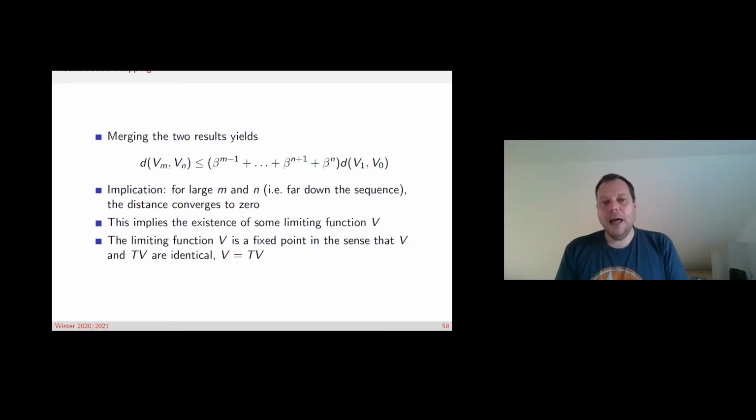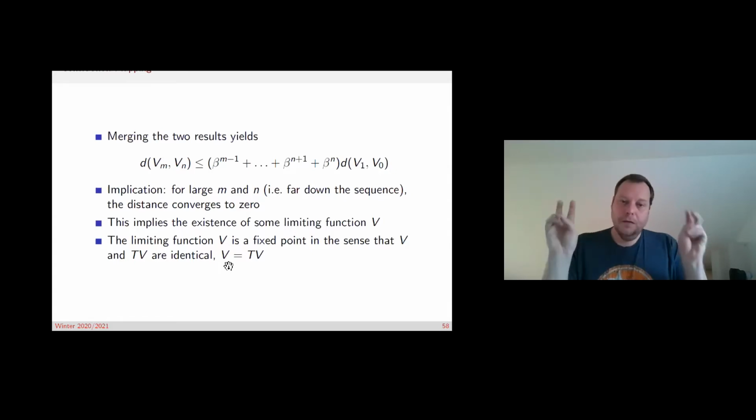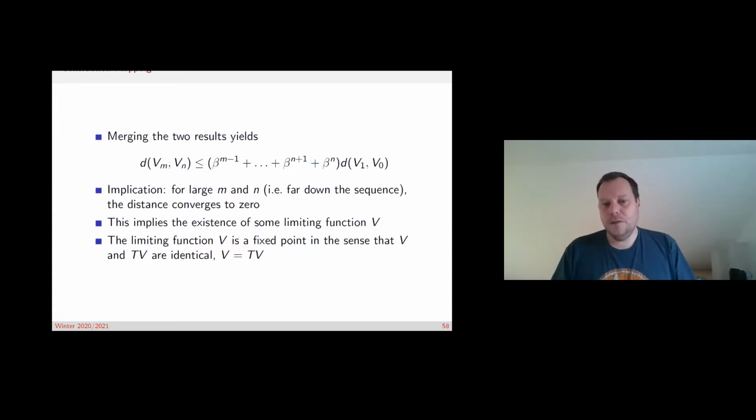And this basically implies that if we just start with any function v0 and apply this contraction mapping operator often enough, there will exist some limiting function v, which is the fixed point of this problem, and the fixed point is defined such that this fixed point function on the one hand and the operator applied on this fixed point function on the other hand will be the same.